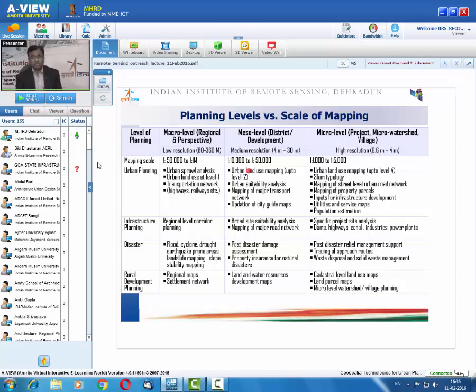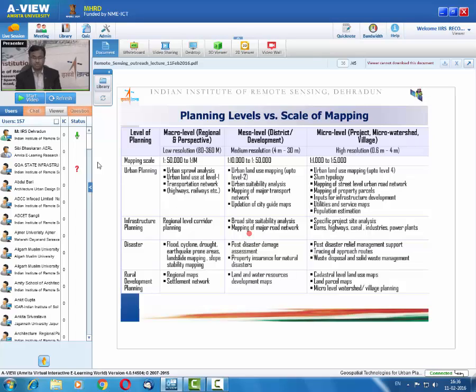These plans vary from something like 1 to 2000 to 4000 to something close to 1 to 50,000 or higher. Accordingly, one has to find out the appropriateness of the spatial, spectral, temporal and radiometric resolution characteristics, and accordingly the applications can be derived.